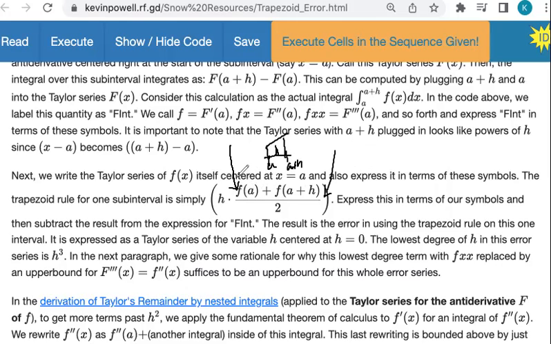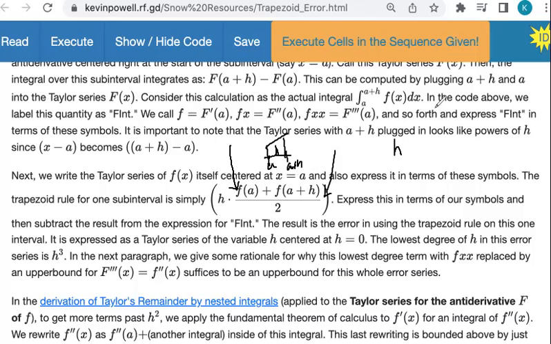The coefficients will change. But here, just think about the formula for the Taylor series for f itself. It's centered at a, but when we're plugging in f of a plus h, that part will just have powers of h. When we plug in a, we're just going to think of that as a constant.